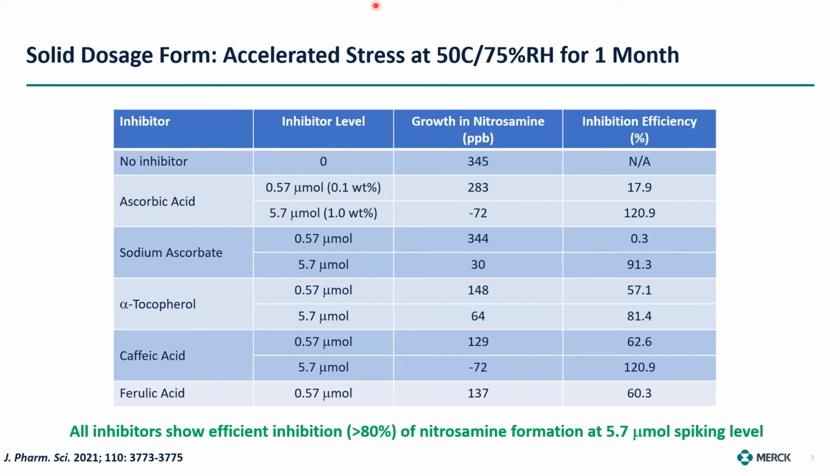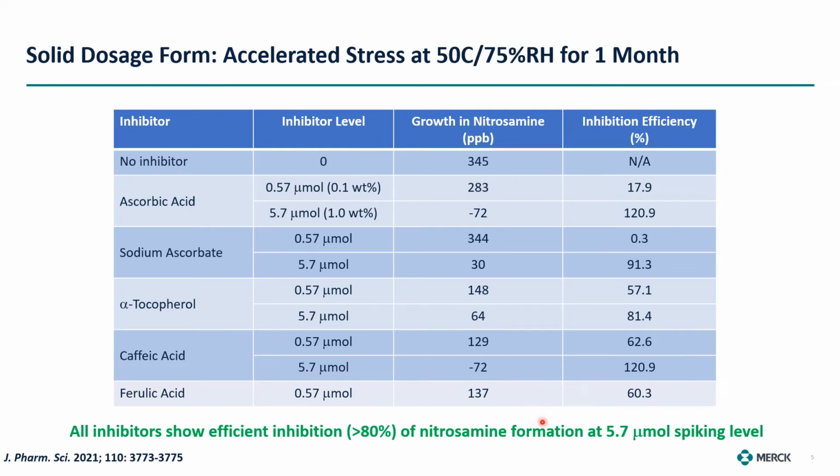Here is the data. After stressing the tablets for 1 month at 50 C, 75% RH, the tablets containing no inhibitor formed 345 parts per billion nitrosamine in 1 month. But the tablets containing all these 5 inhibitors formed nitrosamines at a much, much lower level.